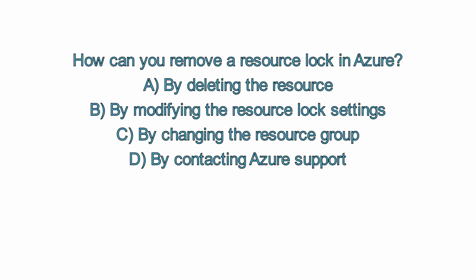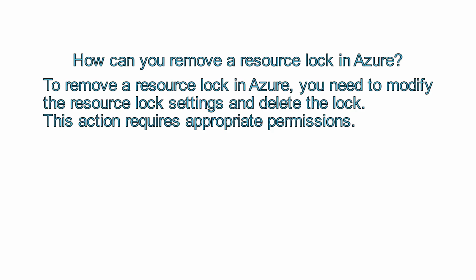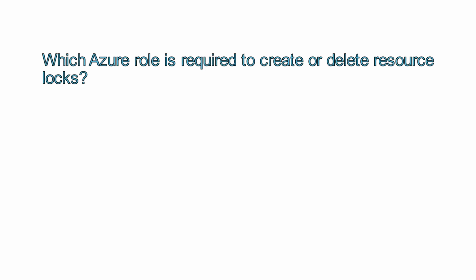The correct answer is B. By modifying the resource lock settings. To remove a resource lock in Azure, you need to modify the resource lock settings and delete the lock. This action requires appropriate permissions. Which Azure role is required to create or delete resource locks? A. Owner.